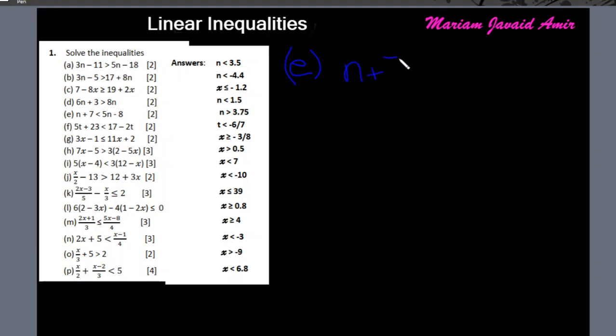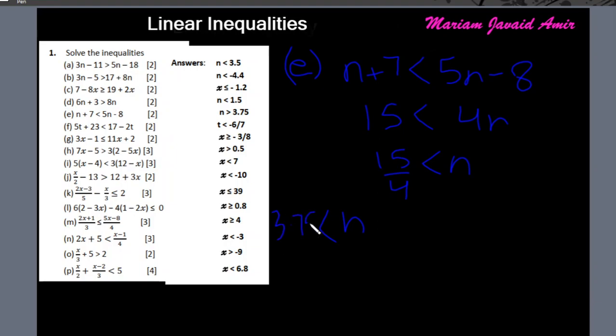n plus 7 less than 5n minus 8. Taking n to this side, it becomes 4. Bringing 8 to this side, this becomes 7 plus 8 is 15, and then n is greater than 15 over 4, which gives us 15 divided by 4 is 3.75.